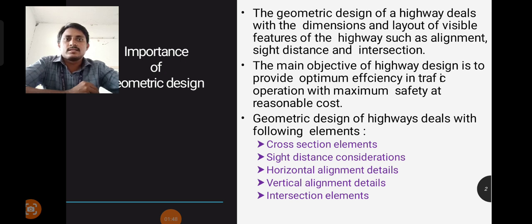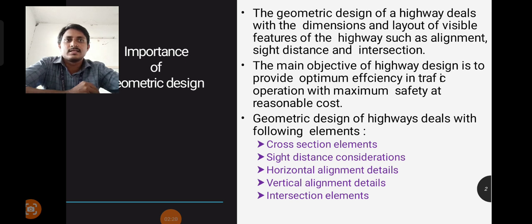That's why geometrical design is helpful for the dimensions and visible features on the highway. The elements in geometrical design are alignment, sight distance, and intersection. These three are the main elements. What is alignment, what is sight distance, and what is intersection?